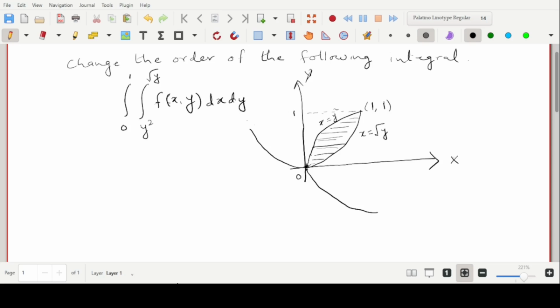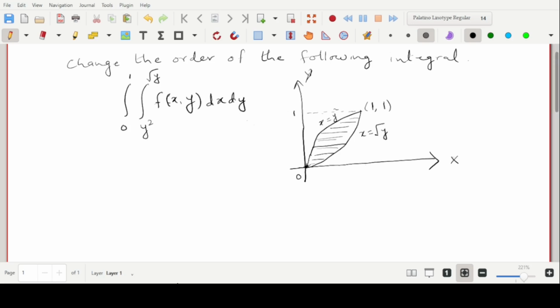So this part and this part become irrelevant. Let us not bother about it. So this is our region, and we are trying to integrate f in this region. Now what we want to do is change the order of this integral. So now we want to view the same region in a different way, in which we shall vary x independently.